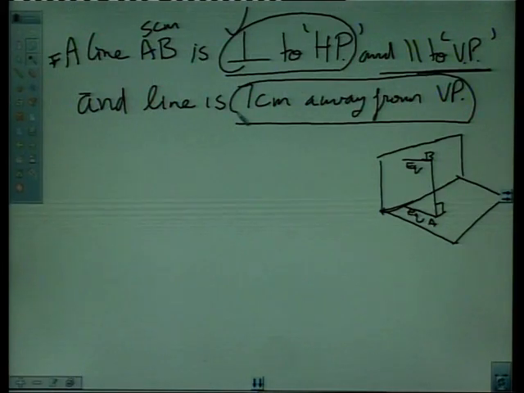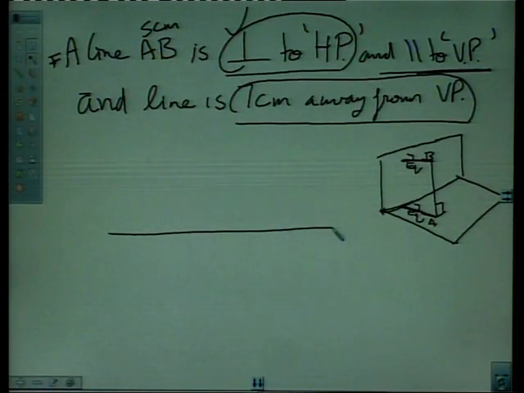That means this distance should be 7 and this distance too should be 7. So this is how our line will be. So how to draw its projections? Again, draw a horizontal line on the sheet, say x-axis.